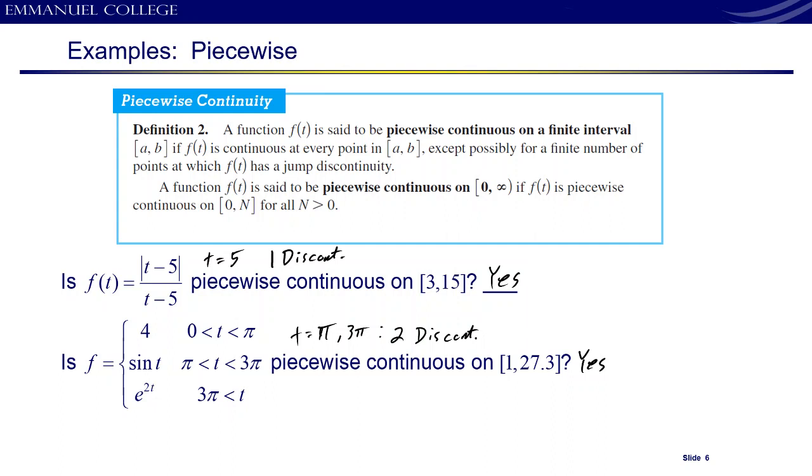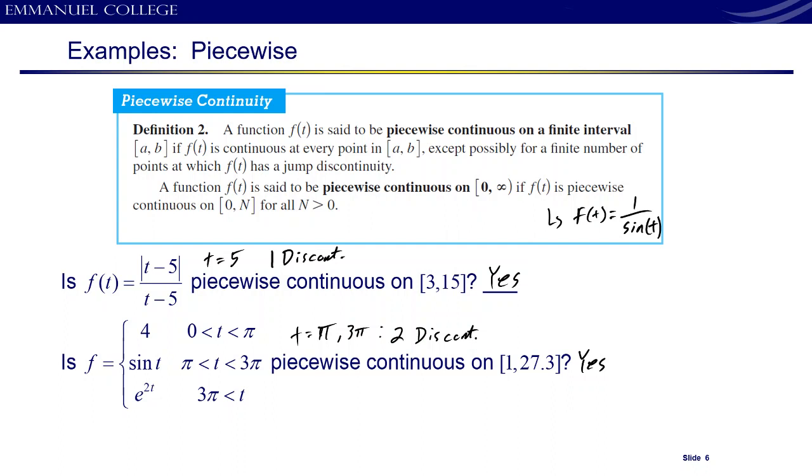Now let's say we were trying to look at this one. What if I said f of t was equal to 1 over sine of t? That in all reality has an infinite number of discontinuities.